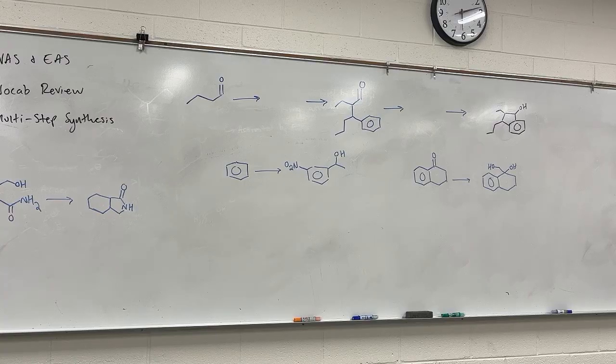But how would the organometallic connect them? Isn't it just sort of like attach a chain, not necessarily form a bond between two already existing pieces? Attach a chain means form a bond between two already existing pieces.